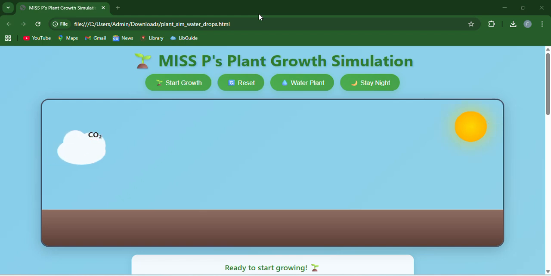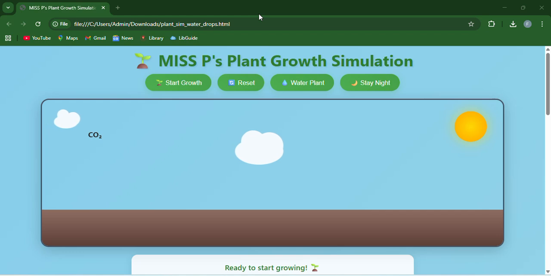My simulation is going to help my learners immediately observe how a seed responds to the conditions it needs, like water, sunlight, air, in real time, instead of having to wait for weeks and weeks of the practical to see how long it takes for the seed to mature into a full plant.